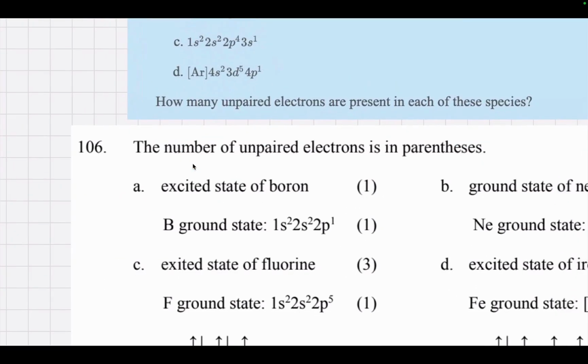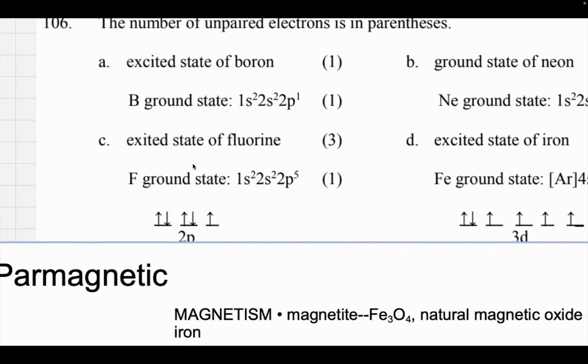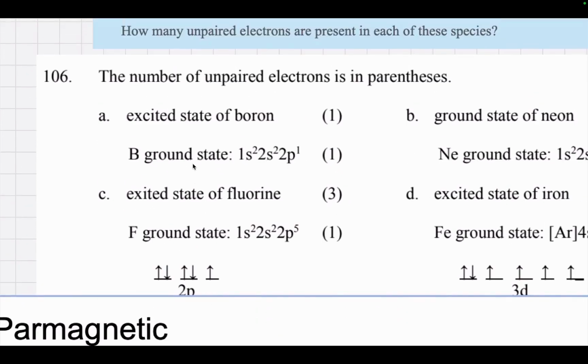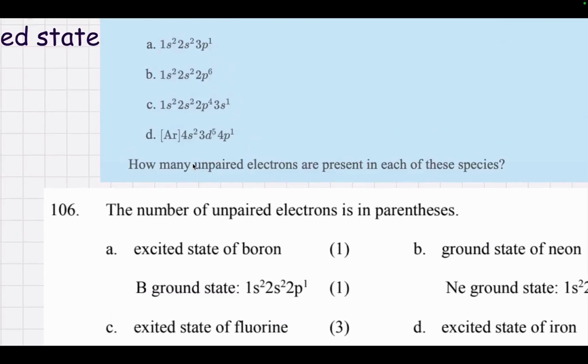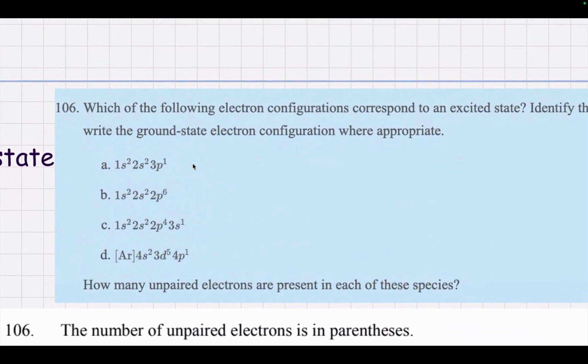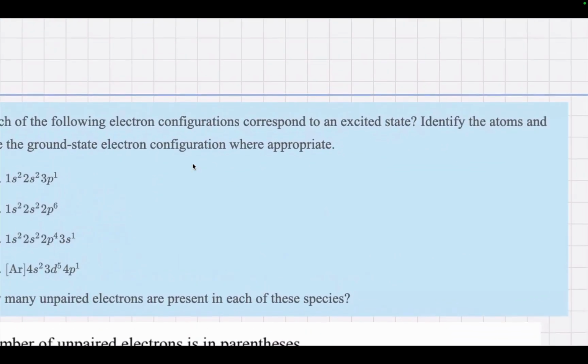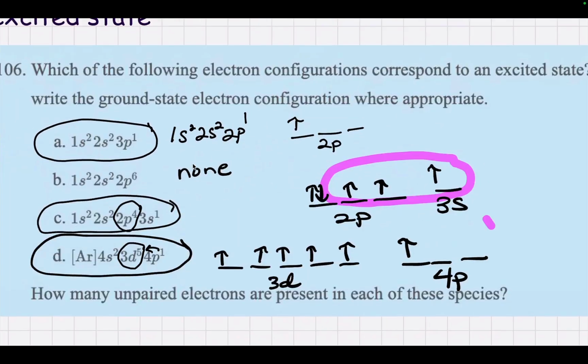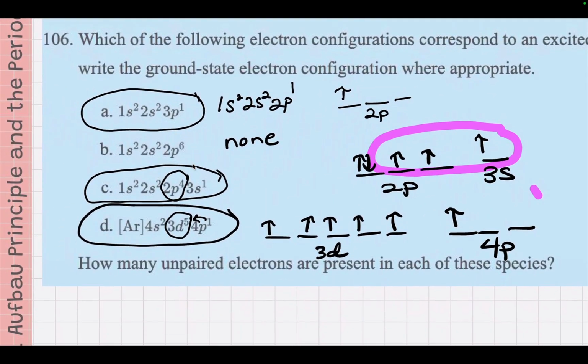So I think we just covered everything here. We never identified what element it is. So when we were doing this, we could easily, assuming it's an atom and not an ion, count the electrons. Like there's 5 electrons there, so I know that that's boron, but it's an excited state of boron.